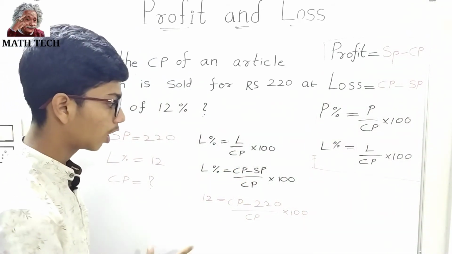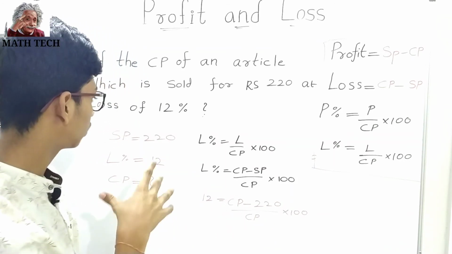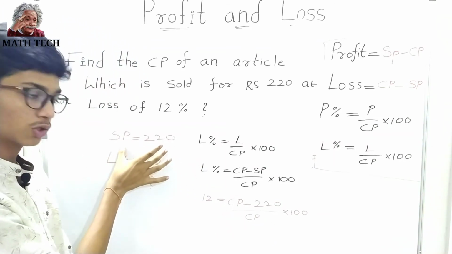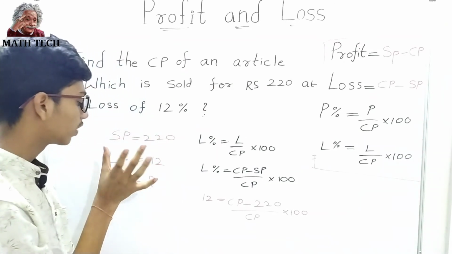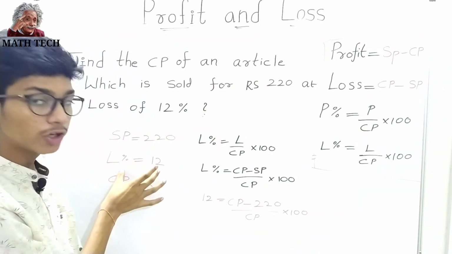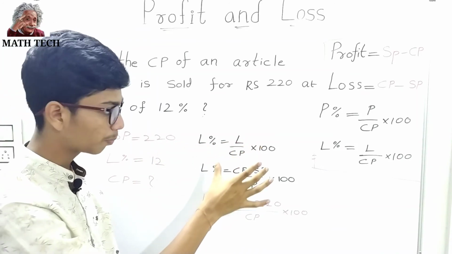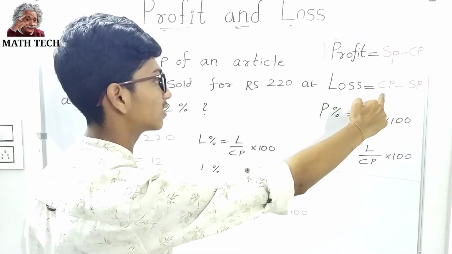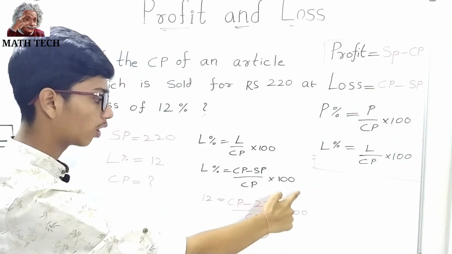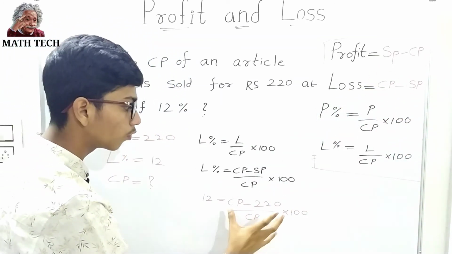Now let's simplify this. Before that, first of all, what we did: SP is 220, loss percentage is 12, and we want to find CP. We already know that loss percentage is loss by CP into 100, and we can write the loss as CP minus SP. We got the equation.